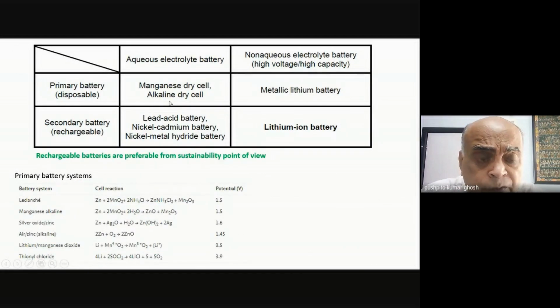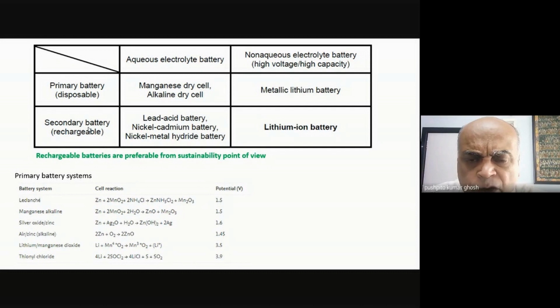So as all of you know, there are two kinds of batteries. One is the primary battery, which is the disposable battery, which we use in our mouse or in a torch cell, which you put in, and then once it goes dead, you just replace the battery. So that's your primary battery. Secondary battery is the rechargeable battery. Obviously, from a sustainability point of view, a rechargeable battery is far superior.